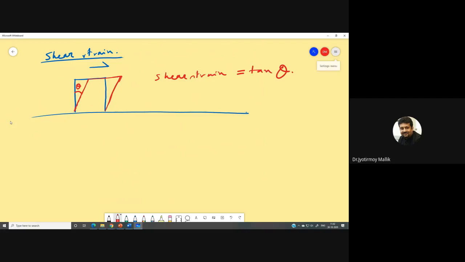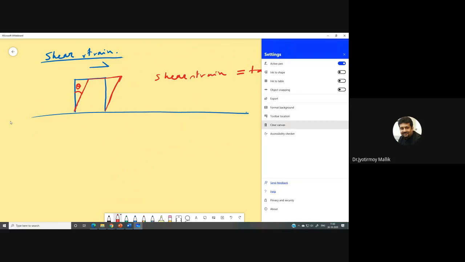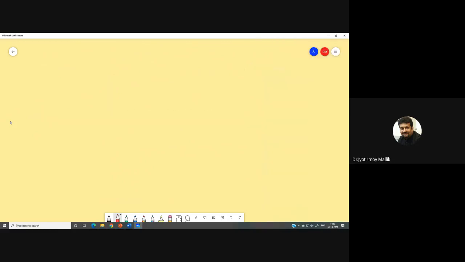So now let us look at longitudinal strain, which has to be related with your normal stress, right?